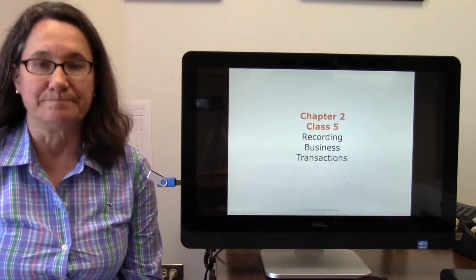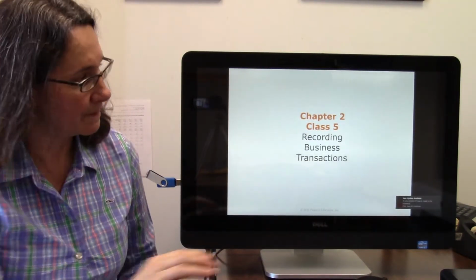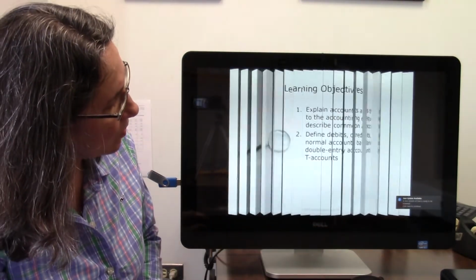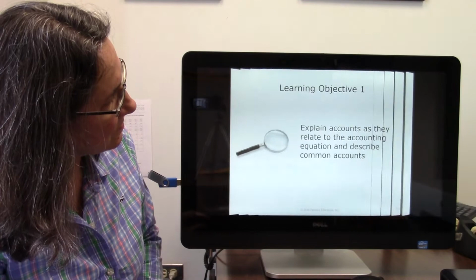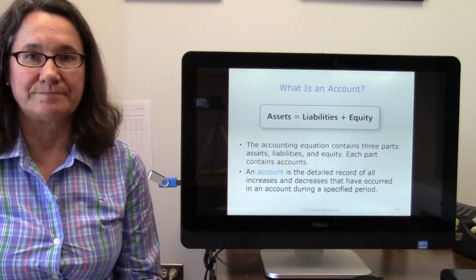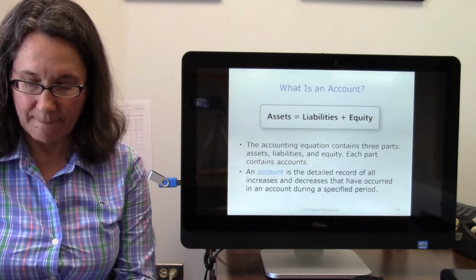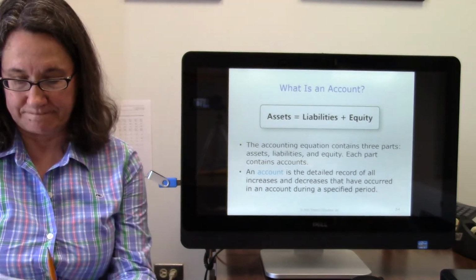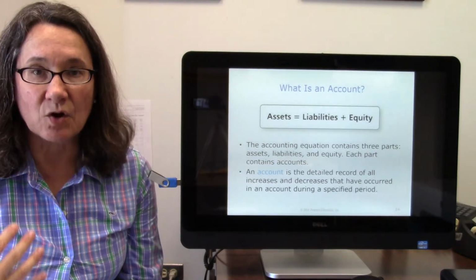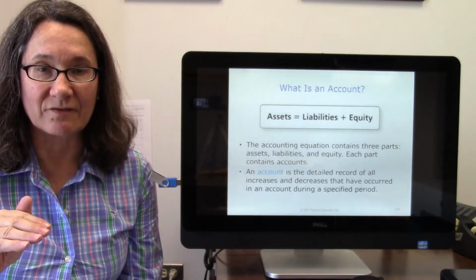Alright, so the first thing we're going to do is look at how to record transactions. Alright, so what is an account? Well, we're using the accounting equation to track everything.